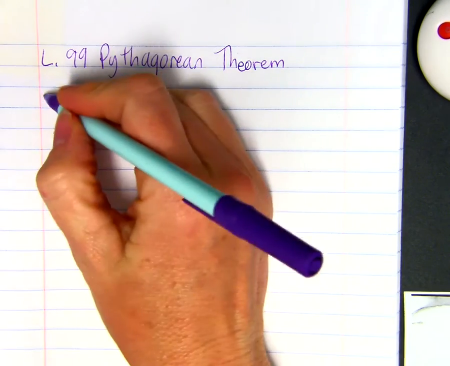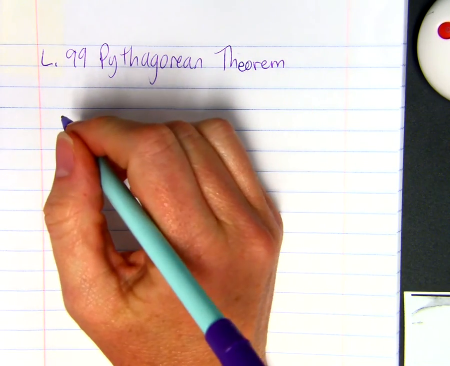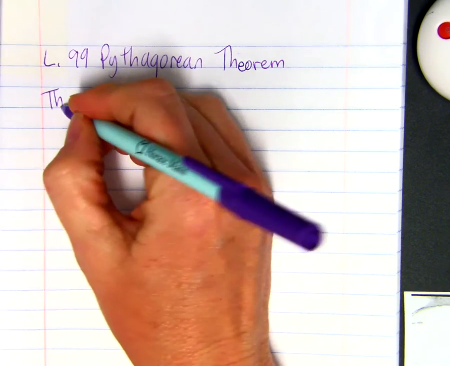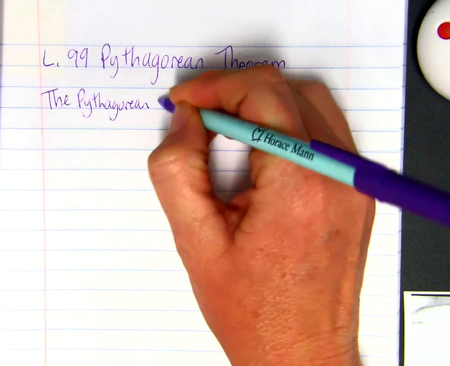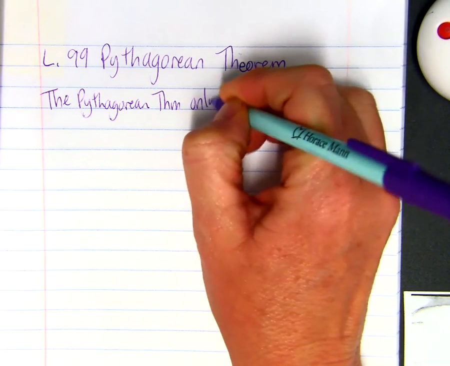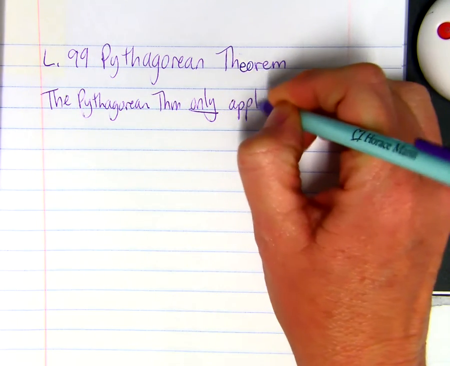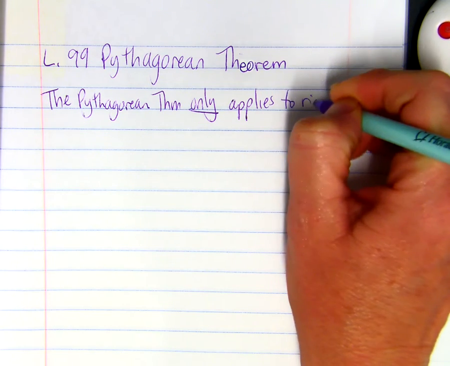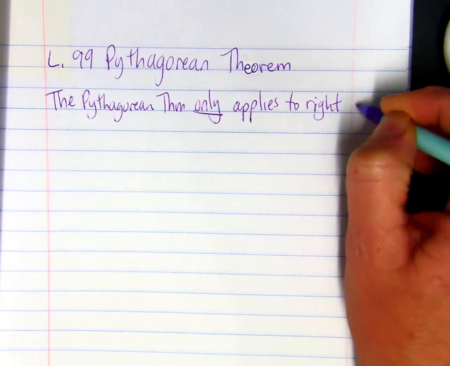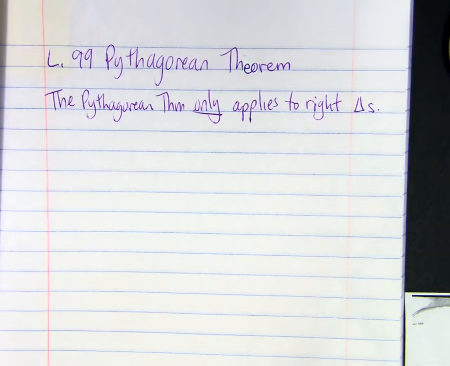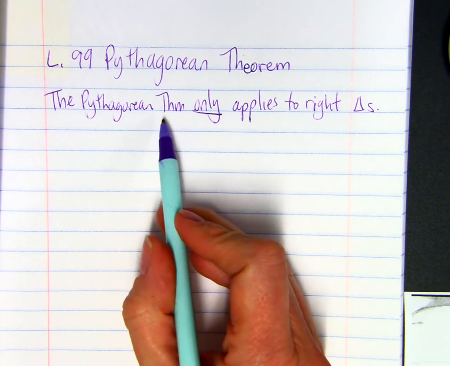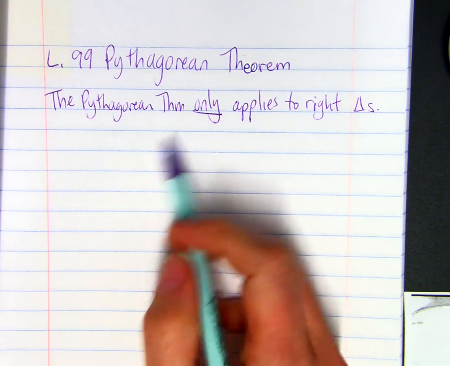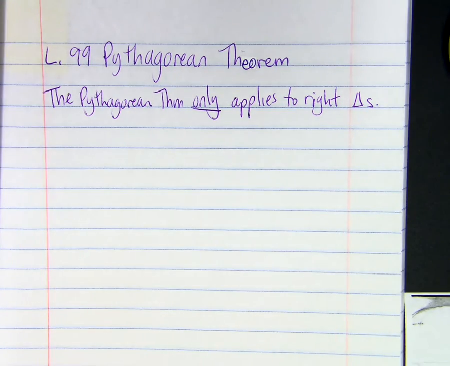So we're going to write down: the Pythagorean theorem only applies to right triangles. Only right triangles. Again, I wrote capital THM. We can do that from now on, just because I'll forget to write it the other way.